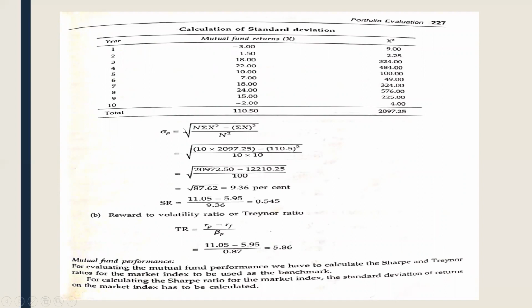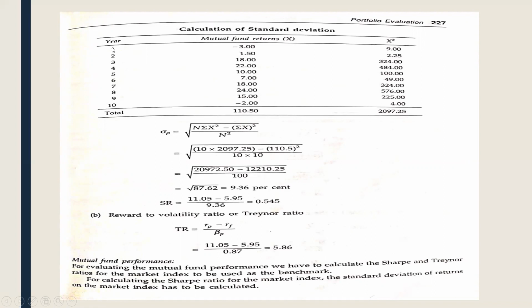So, the formula is root of n sigma x square minus sigma x the whole square, divided by n square. We'll take into consideration the returns of the mutual fund. We are going to square it and show it in the third column. Then we'll calculate the totals of the second column and the third column. Now we'll apply it into the formula.